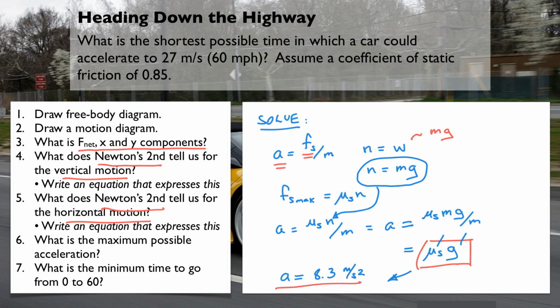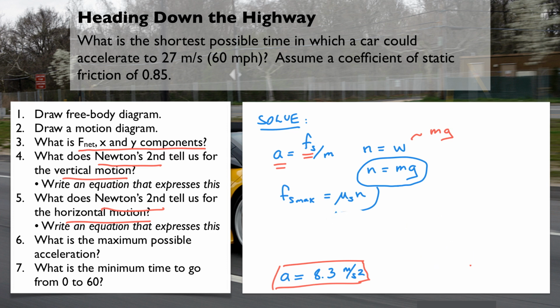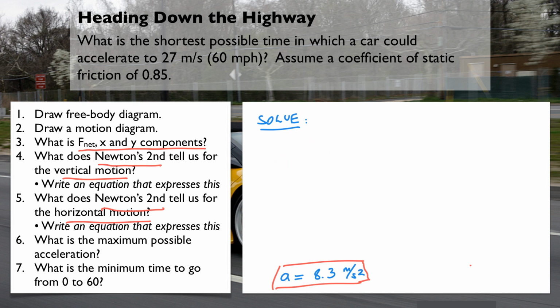With my acceleration in hand, I can calculate the actual thing that I want, which is the time. Thinking back to our strategize step, we started with forces, and then after forces, we worked our way to acceleration. Having got to acceleration, our next stage is to go to time. And from acceleration to time, that's back to the stuff that we learned in chapter 2.